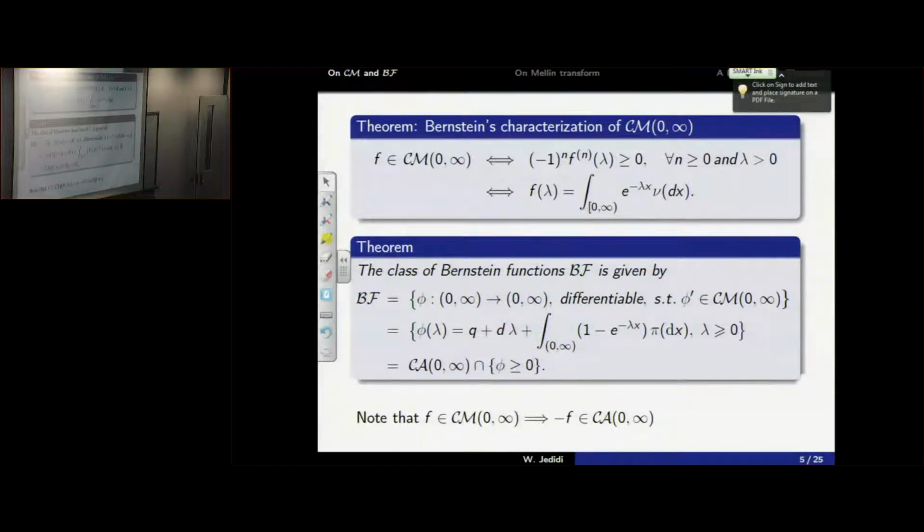Not all measures are infinitely divisible in the sense of convolution. The total characterization is that if you take the logarithmic derivative of the Laplace transform of nu, this function should be completely monotone.